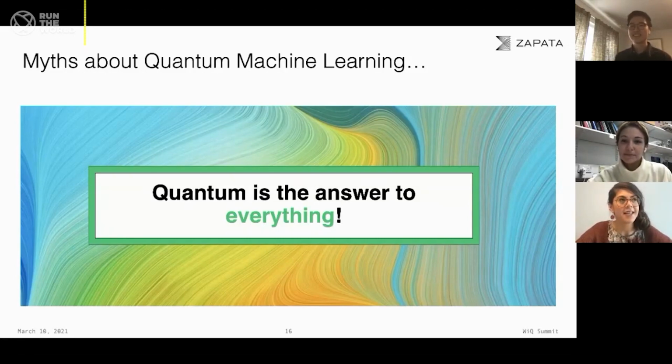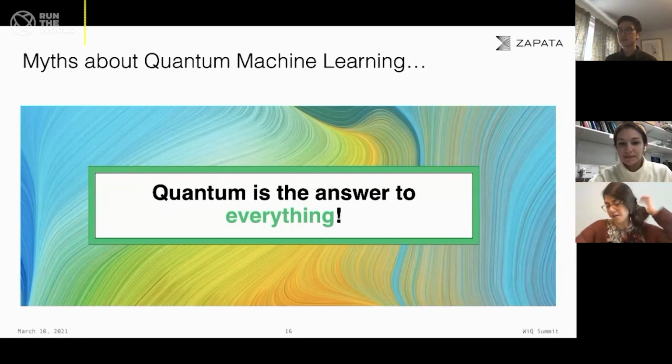I like to call this quantum speedup idolatry. The idea is that if you add just a pinch of quantum to your problem, then you're going to improve it anyway. In fact, this is not the case, because not only do hard problems not necessarily benefit from a quantum approach, but it's also not straightforward at all to cast your problem in a form that is quantum friendly.